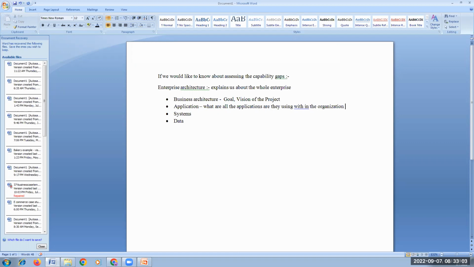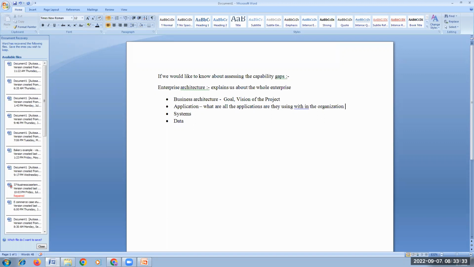That is what comes under application architecture, so that we will know about the different applications they use. If you take, for example, a point of sale system, right? Last time I have taken it. If you are taking a retail outlet as an example, the applications we use include a point of sale system for billing purposes.